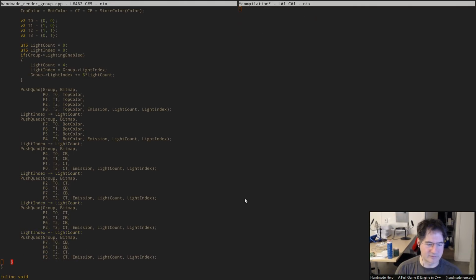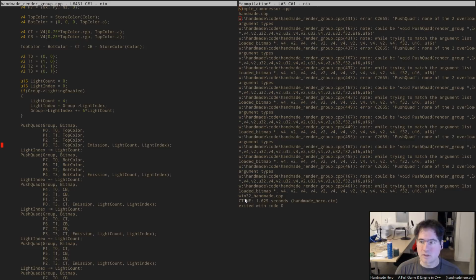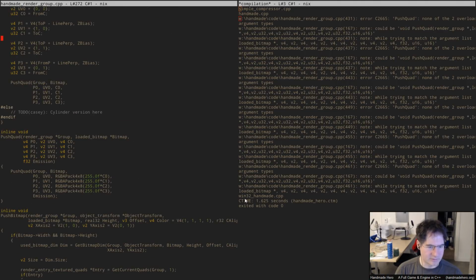This one isn't really necessary. No, what? Push quad. It didn't like it. Is that because there's a second push quad here, isn't there?